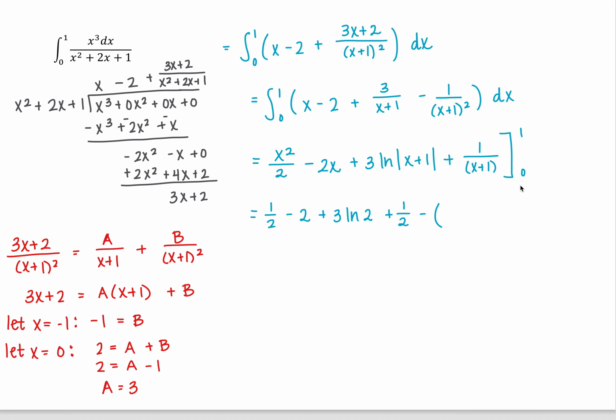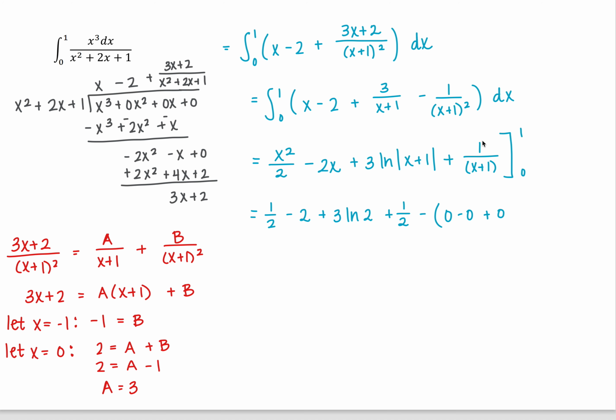Then minus, I'm going to do the same thing with the 0. So the first one, 0 squared over 2, that's still 0. 2 times 0, that's still 0. Here I've got the natural log of 0 plus 1, the natural log of 1, that's also 0.